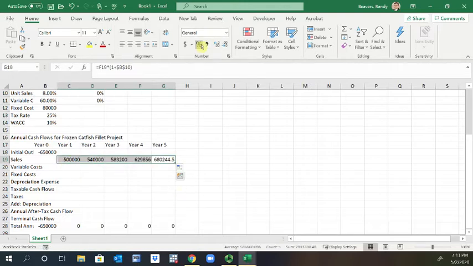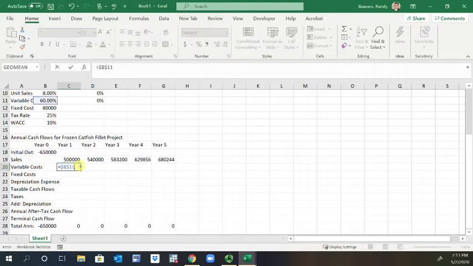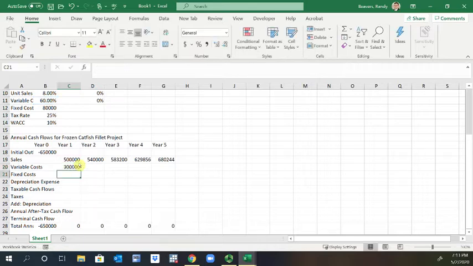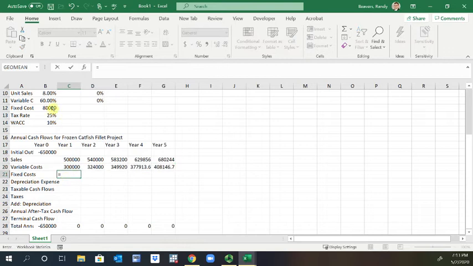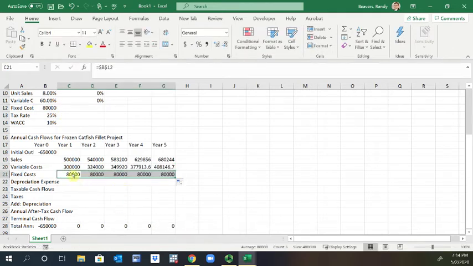And all of this will be to 1 decimal place. Next, we'll have variable cost. It's going to be equal to B11 anchored multiplied by C19. And we'll send that across. The fixed costs are equal to the 80,000 anchored. For this, make sure to decrease that decimal.